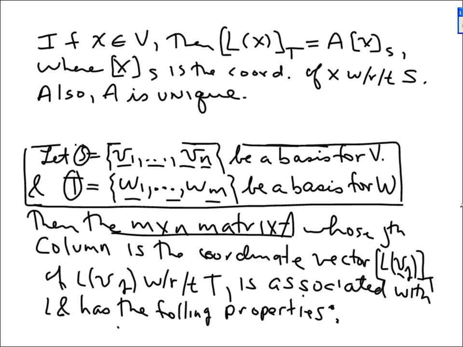And of course it's unique because the jth column is the coordinates of L of Vj with respect to basis T. And the coordinate vectors are unique with respect to a given basis. So the next thing we're going to do is talk about how we make this matrix A.